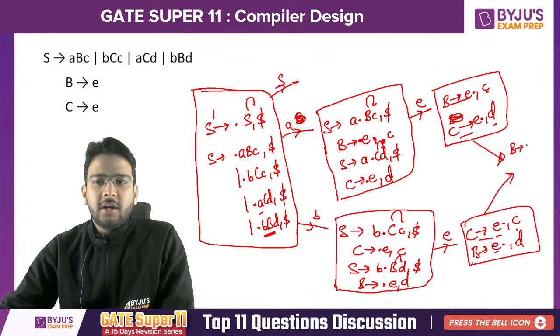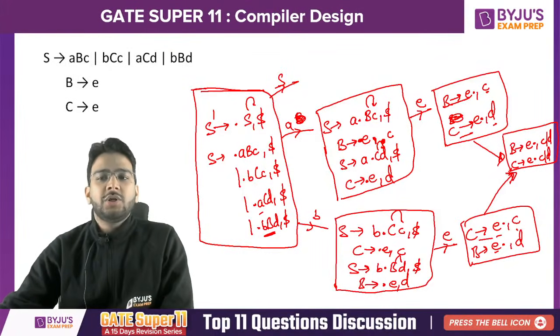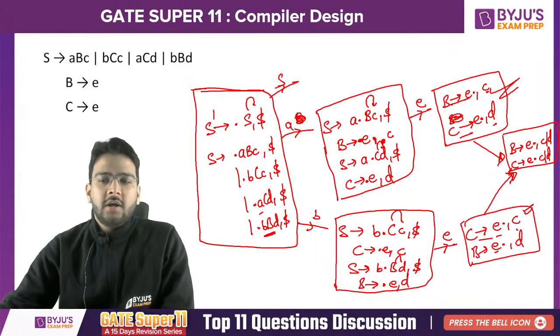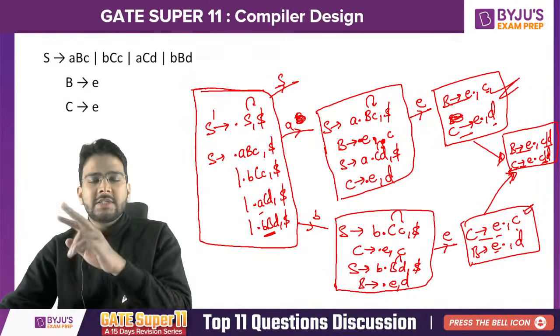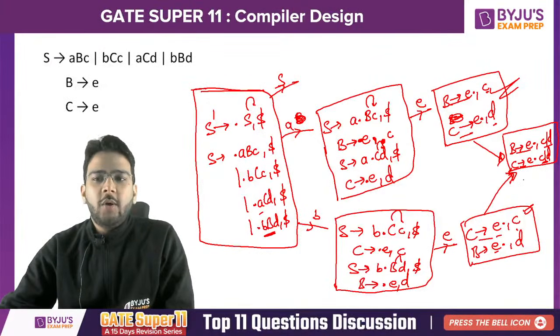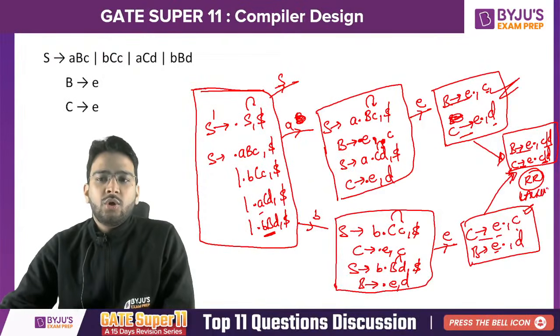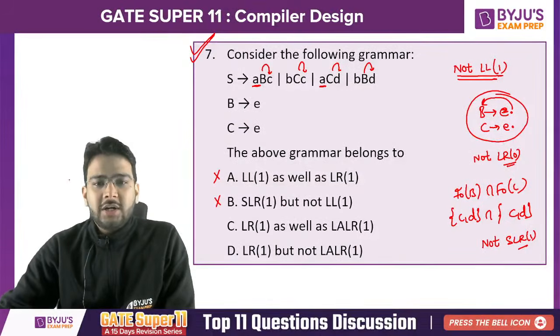I will be getting B derives E dot, and here C slash D, and C derives E dot C slash D. So here in LALR1, this will be the state after merging of these two. Now if you see two reduce items are there, and if you take the intersection of the lookaheads, C and D is common, right? Even if at least one lookahead is common, then clearly you can say RR conflict is present in case of LALR1. So it is not LALR1, but it is LR1. Option D is the correct.